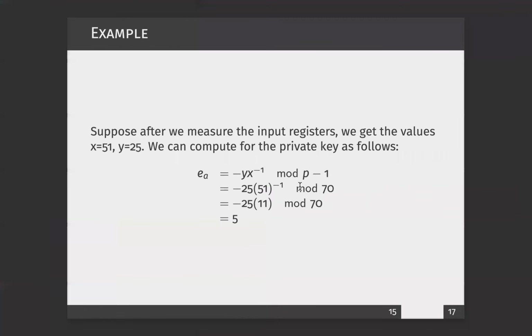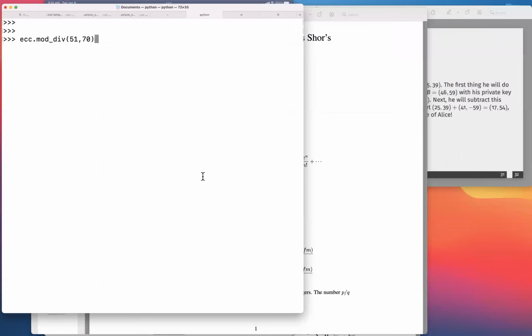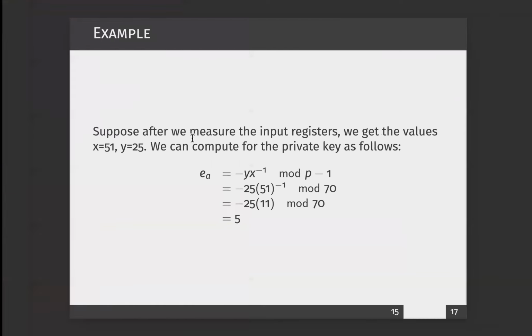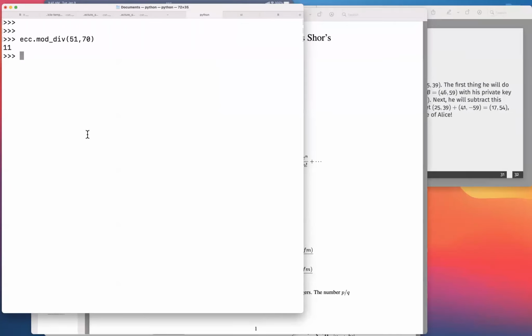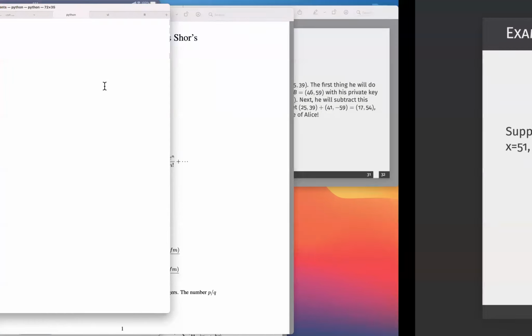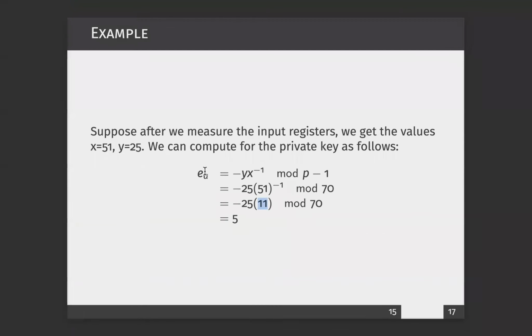This will give you 11, which is this one here. And then you multiply -25 times 11 and take the modulo 70, which will give you 5. So in other words, we have now computed the private key, which is 5.